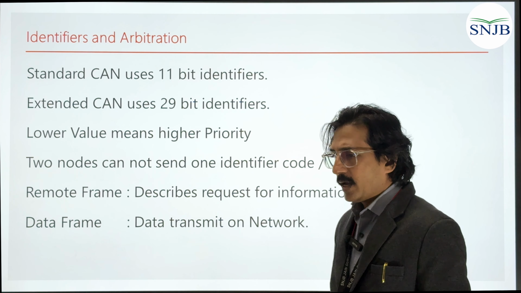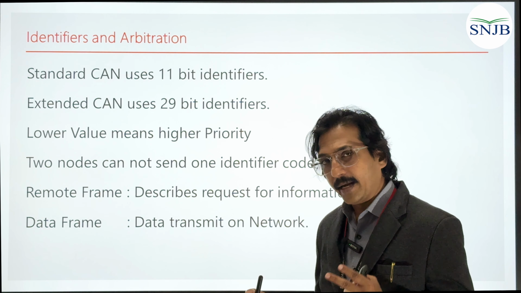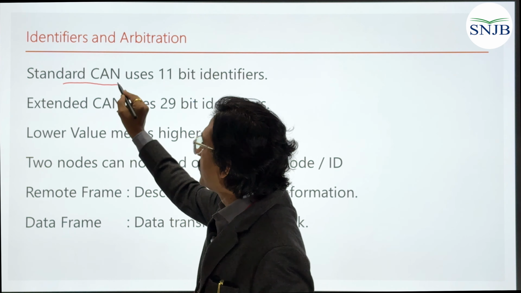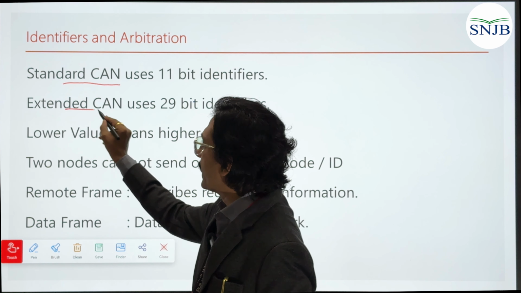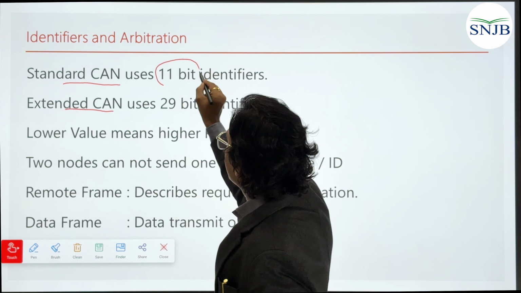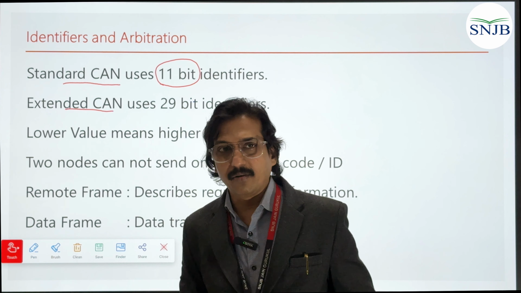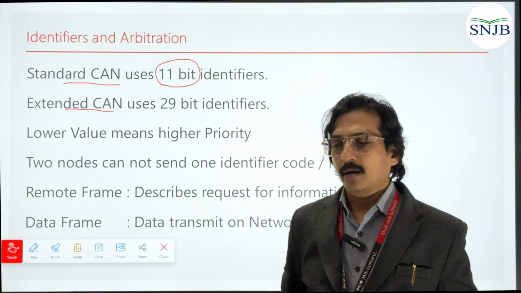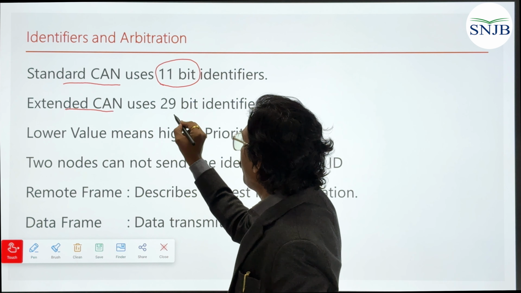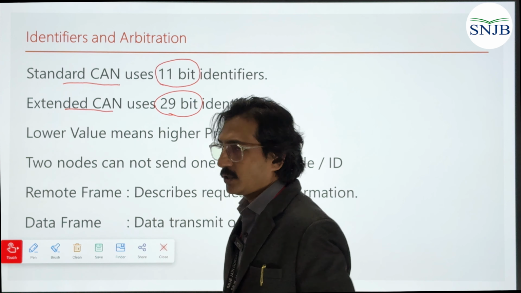Now when we talk about its variants, it has two variants. One is the standard variant, and the second one is the extended variant. The standard variant has an 11-bit identifier specifically for the slaves, and the extended has a 29-bit identifier for the slaves.